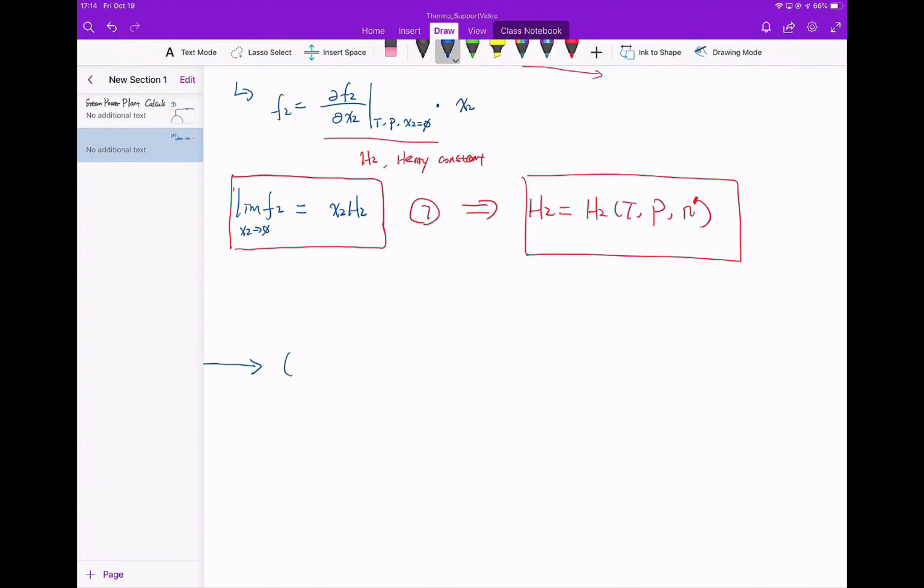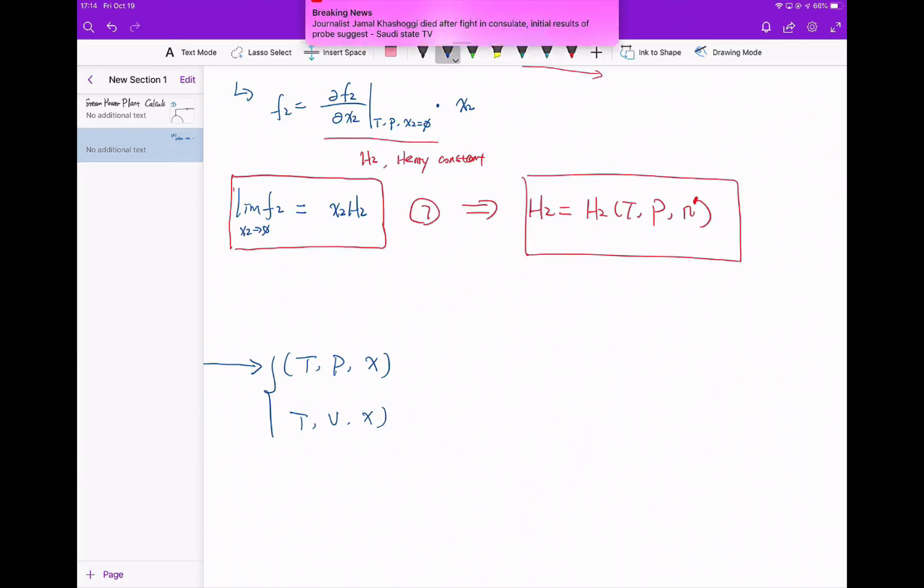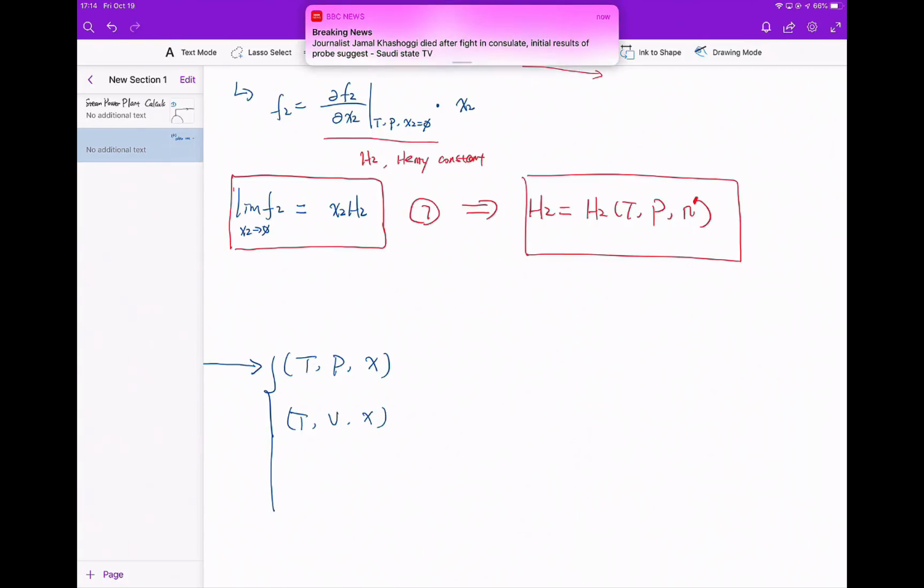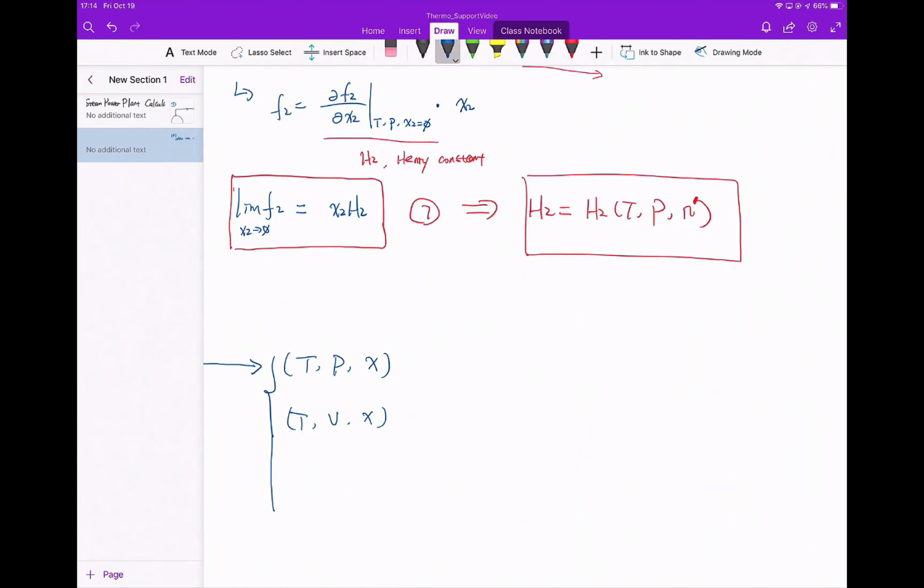So we are using T, P, x, we are using T, V, x, and I'm using the fugacity coefficient phi i, which is defined by phi i P, for the calculation.